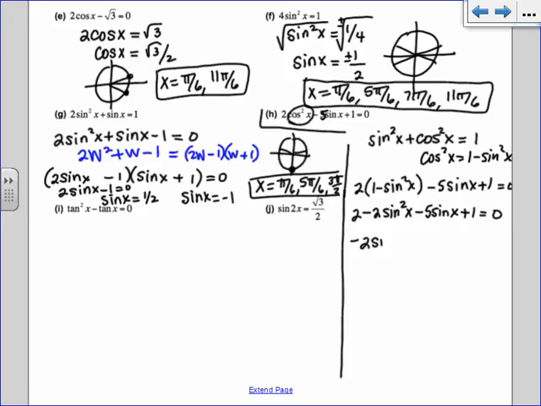So negative 2 sine squared x minus 5 sine of x plus 3 equals 0. So if you're really OCD like me, you don't like having negatives up front when you're factoring. You guys like that? I need it. So we're going to make this plus, plus, and minus. We're just dividing by negative 1. And then we factor. Sorry, I'll let you on just a second. I'm a little bit long.